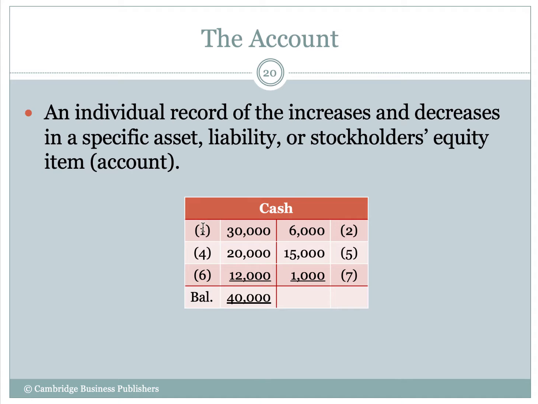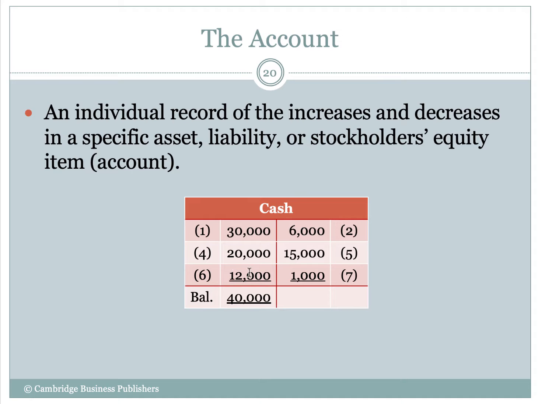Okay, so notice it has 1, 2, 4, 5, 6, 7. Those refer to the transactions that we looked at in the previous video. So if you remember, the first thing we looked at was that Mike contributed $30,000 of cash to the corporation in exchange for common stock.